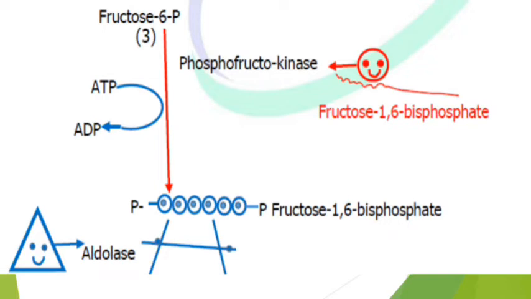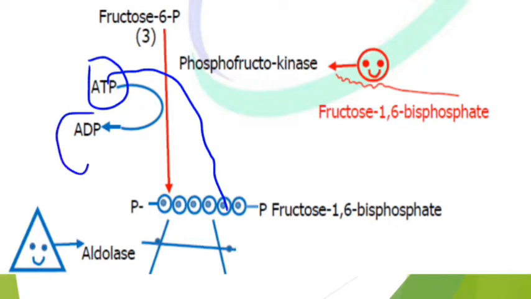So phosphofructokinase comes into the pathway with the utilization of ATP, adding one phosphate group from ATP to the substrate and leaving the remainder as ADP.